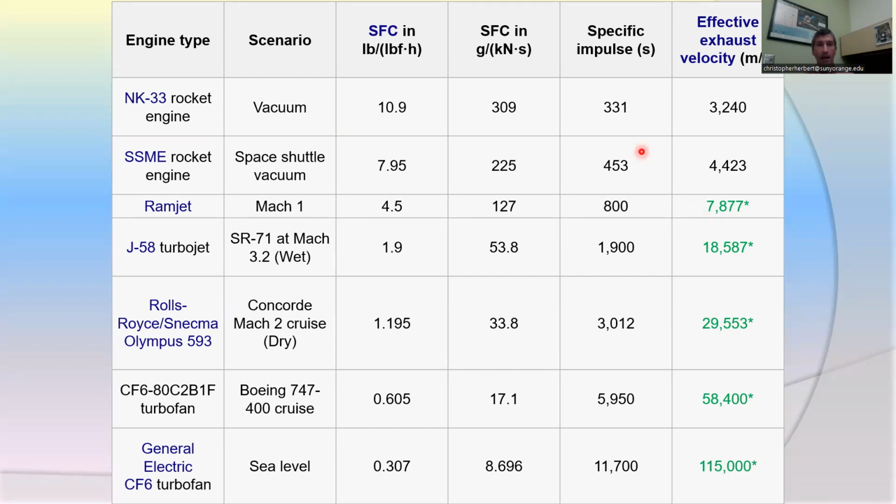But in looking at rockets, your bipropellant rocket motors generally have effective exhaust velocities between 3,000 and 4,000 meters per second. And that gives us a specific impulse between 300 and 450 seconds for normalized specific impulse.